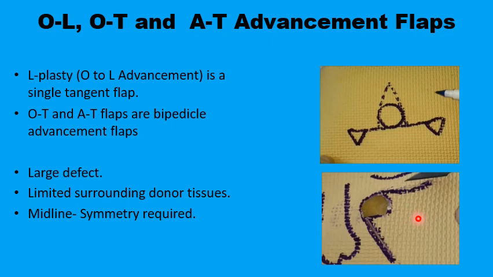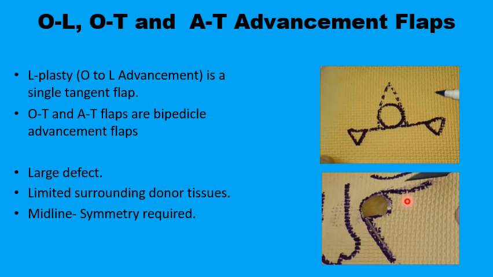One can have no difficulty in designing a flap that's going to fill up this defect, either an advancement flap or a rotation flap. The flap would close with not much difficulty, and the final closure would be with two limbs, giving a shape of an L, and is sometimes termed an O to L reconstruction or an L-plasty.